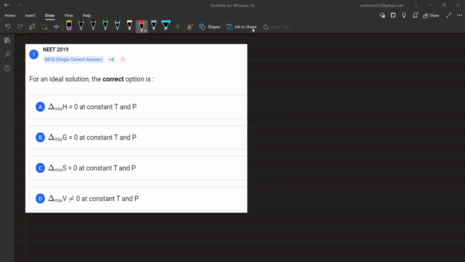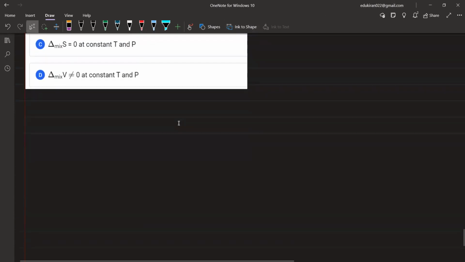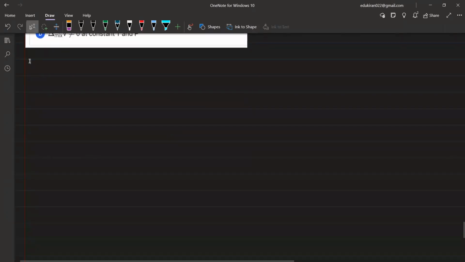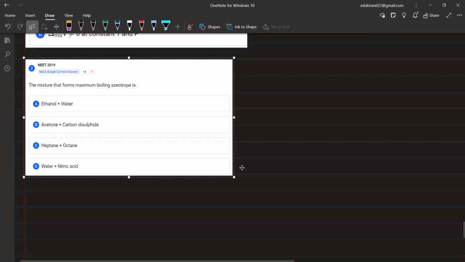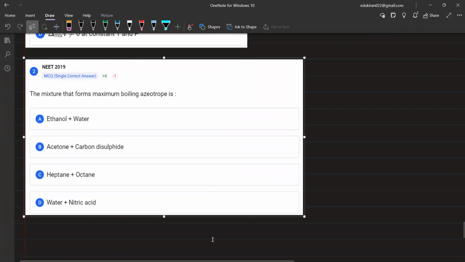Yes, Faiza correct, very good. Yes, Tarif, very good. Now it is correct. Very good, Tarif. Fahad, what about you? जी फहद। A option is correct, है ना। Delta H mix is equal to 0। ये बताइए, mixtures that form maximum boiling azeotrope.